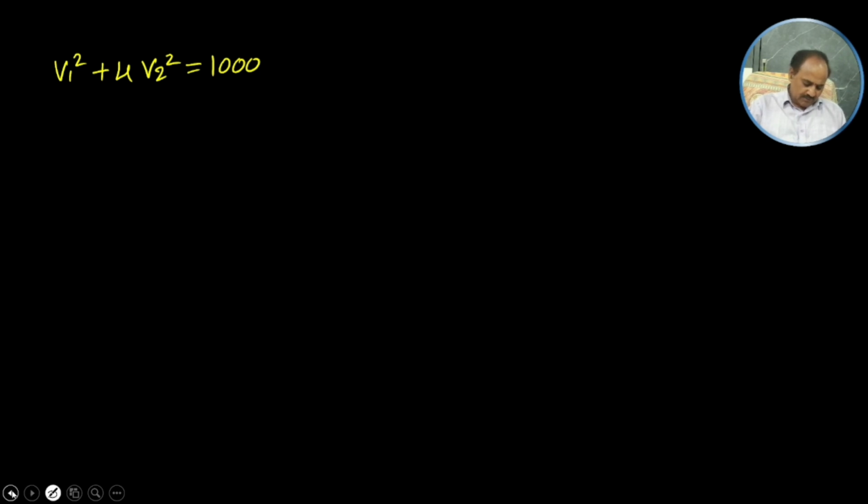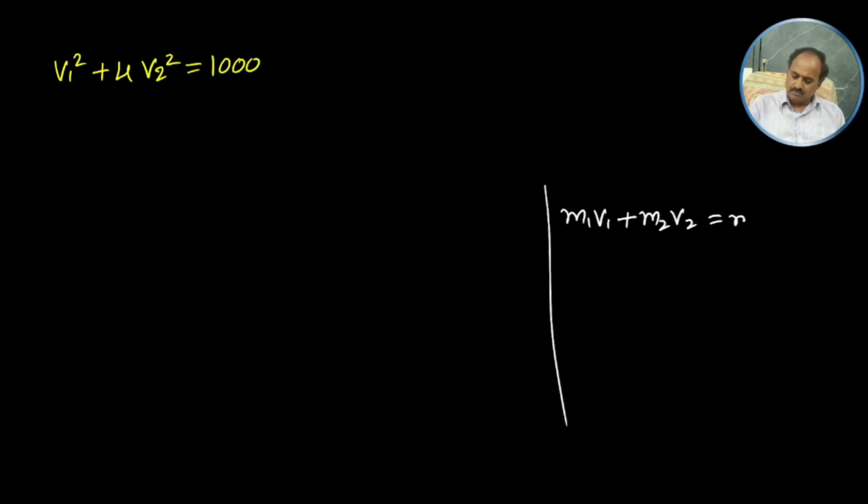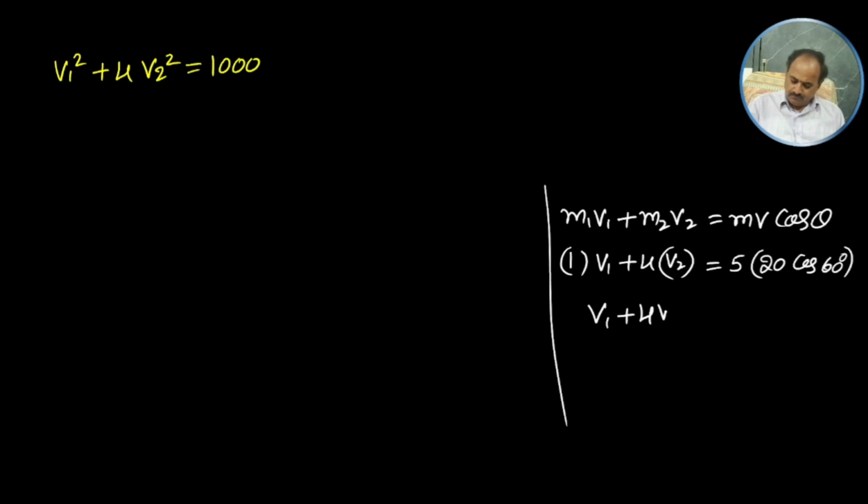Here v1 and v2 are unknown values. For that, let us write another equation in terms of velocities, the law of conservation of linear momentum. m1 v1 plus m2 v2 equals m v cos theta, because v1 and v2 are the horizontal components of velocities, as both are separated horizontally. m1 is 1 kg, v1 is unknown, plus m2 is 4 kg, v2 unknown, equals initial mass 5 into initial velocity 20 into cos 60, which is 1 by 2.